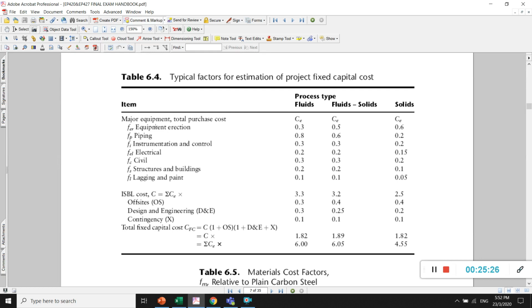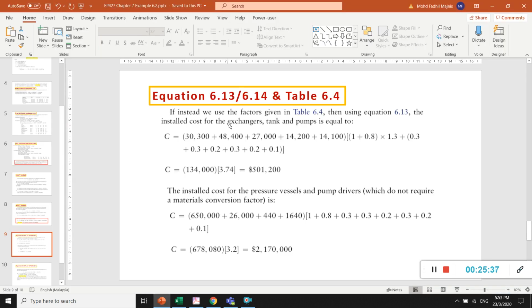So the factors include equipment erection, piping, instrumentation and control, electrical, civil, structures, buildings, lagging and paint. So we're using equation 6.13. The initial cost for the exchanger, tank and pump is equal to all of this.